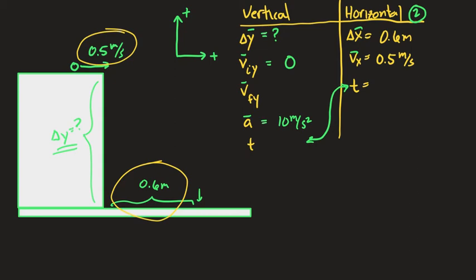So if I am consistent from my last problem, I'm going to have to make that acceleration negative. Now I think I have a pathway here. I'm going to use delta x equals Vx times t. That should be able to get me the time. I have 0.6 meters equals 0.5 meters per second times t.